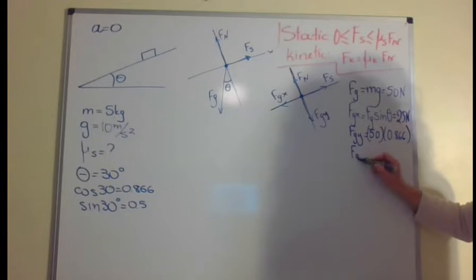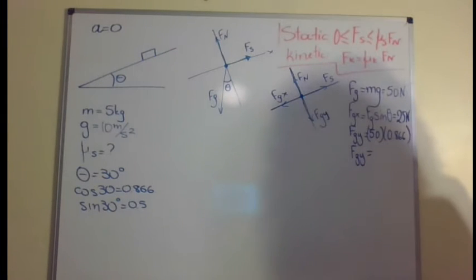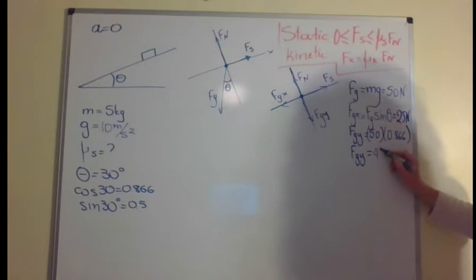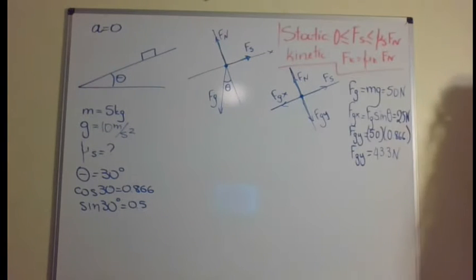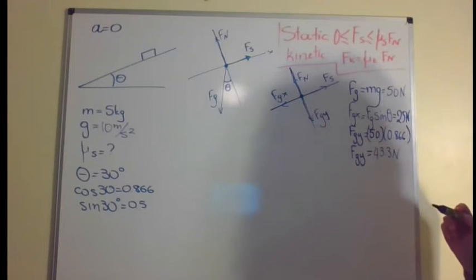That means that Fgy should be, half of 86 is 43.3 newtons, I think. So we do know these two forces.